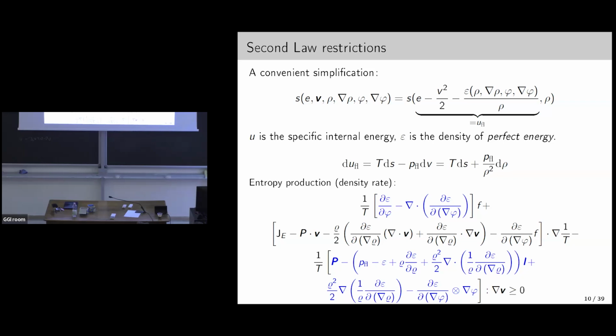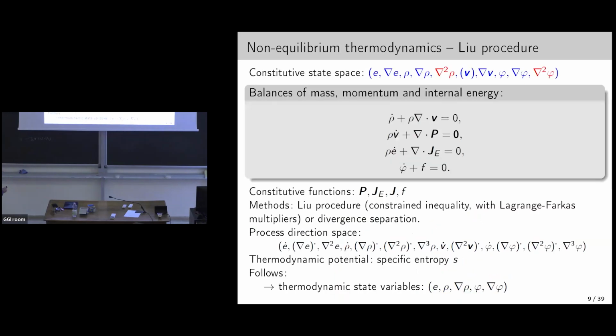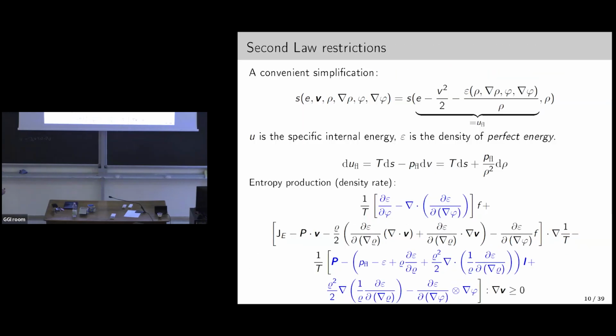That's the normal heat flux. And some additional terms. And also the mechanical part, where you can recognize that this is Euler fluid if the P in the momentum balance equals the thermostatic pressure multiplied by the unit tensor, then we get Euler fluids and several additional terms depending on the gradients.